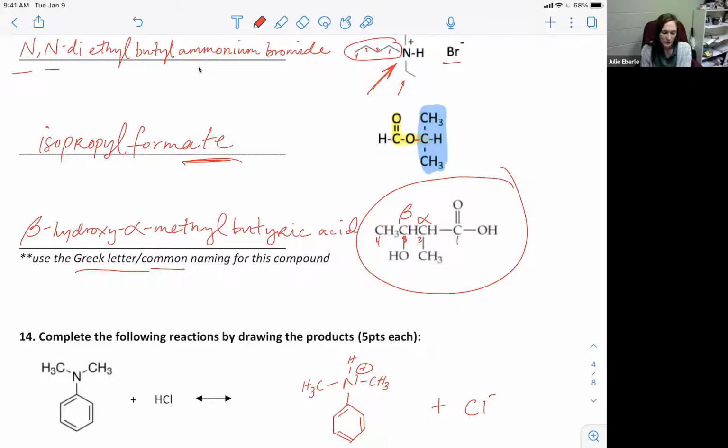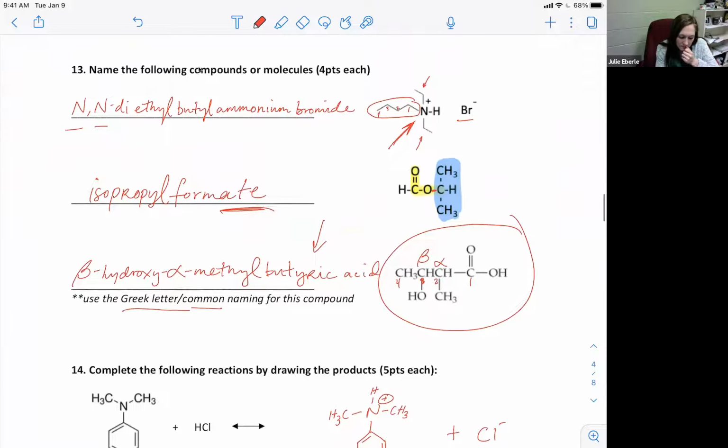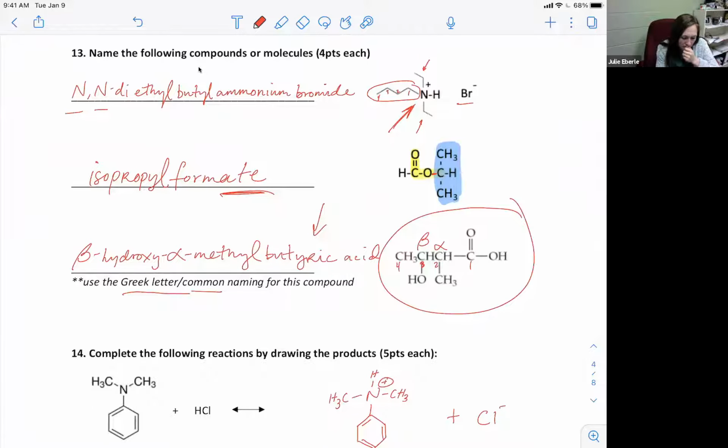So hydroxy first, then methyl. Butanoic acid is the systematic IUPAC name, and butyric was the common name, and that's down on your resources page. Okay. Questions on that?